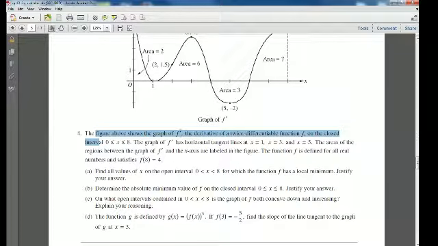We need g at 3, which is f at 3 cubed, so negative 5 halves cubed is negative 125 over 8. And then we need g prime at 3. What's g prime of x? This is chain rule.